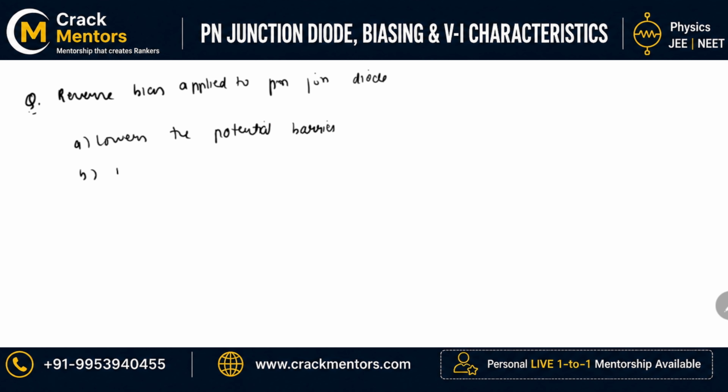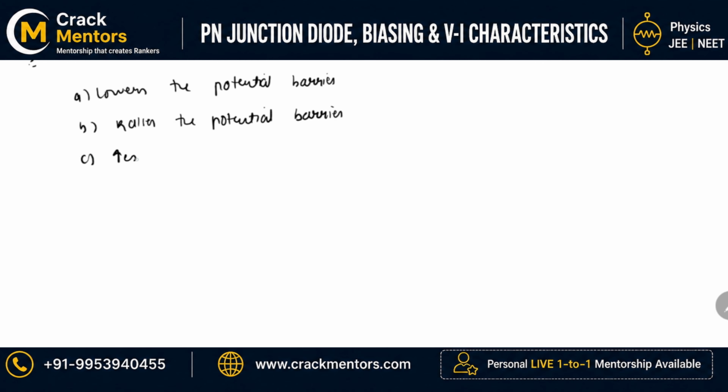Option B, raises the potential barrier. Option C, increases the majority carrier current. Or option D, increases the minority carrier current.